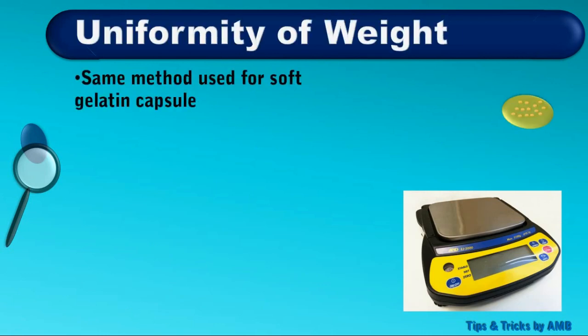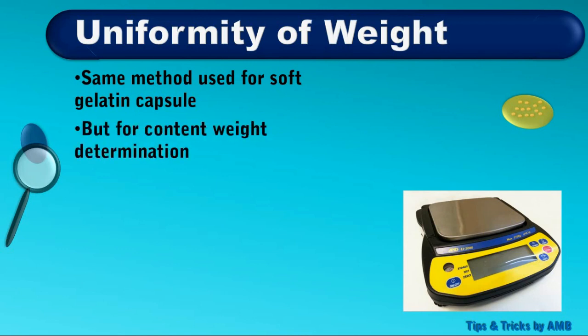The same method is used for soft gelatin capsules, but in this case the weight of content cannot be easily determined because the capsule is a single unit. To determine the weight of the content of a soft gelatin capsule, the following steps should be followed. First, weigh the gross weight of the intact soft gelatin capsule.